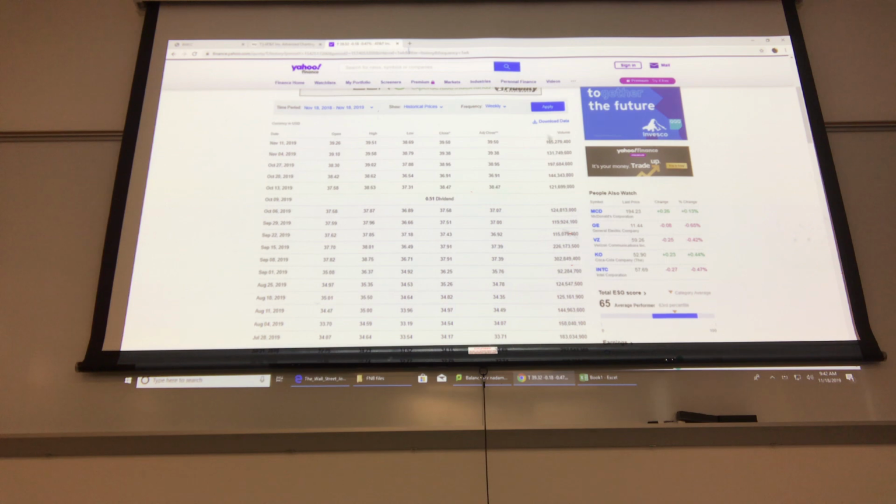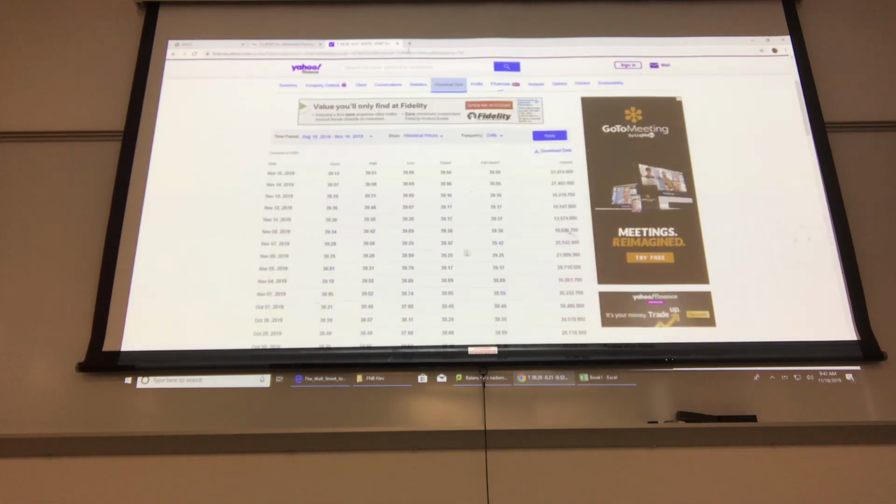And what I want you to do is download the data. As I want to download the data, I'm going to do it daily. I want to select the periods for the last 3 months. Daily. Done. Apply. You have automatically with 2 clicks whatever period you want to have.